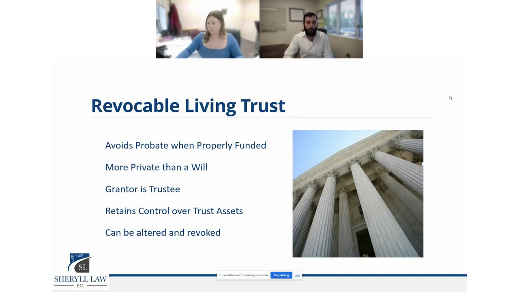And if I had to do an illustration, like an analogy, the difference between a will and a trust is if I was a pirate, right, going on a treasure hunt, the will would be the treasure map. It's mapping out what's got to happen, but then the executor, the person in charge of it, needs to follow all those steps to get to the treasure chest, which is all the assets, and then needs to go about giving out those assets to the rest of the people on the ship, right?